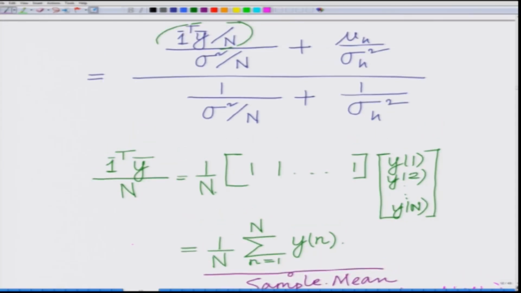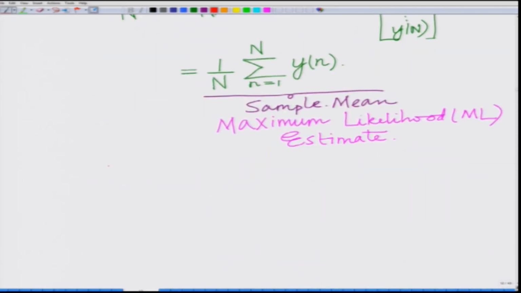Okay. And now let us look at this sigma square divided by n in the numerator. This is nothing but the variance of the maximum likelihood estimate, sigma square divided by n.